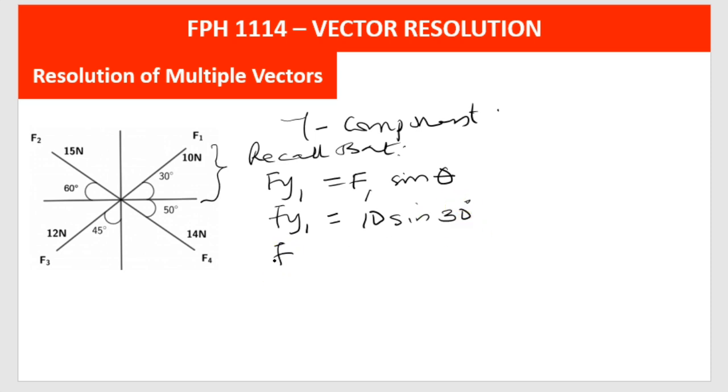So here we have Fy1 equal to 10 sine 30. Sine 30 is equal to 0.5, and then Fy1 is equal to 10 multiplied by 0.5, which is 5 Newton.